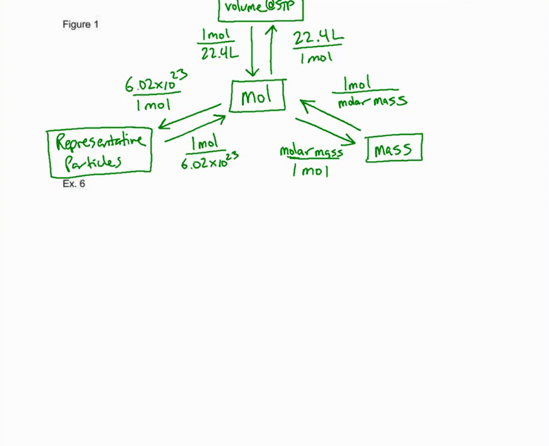So we're going to start with some various quantities. So let's say that we have 30.5 grams of carbon dioxide. So we have a known mass, which means for this example, we are starting here.